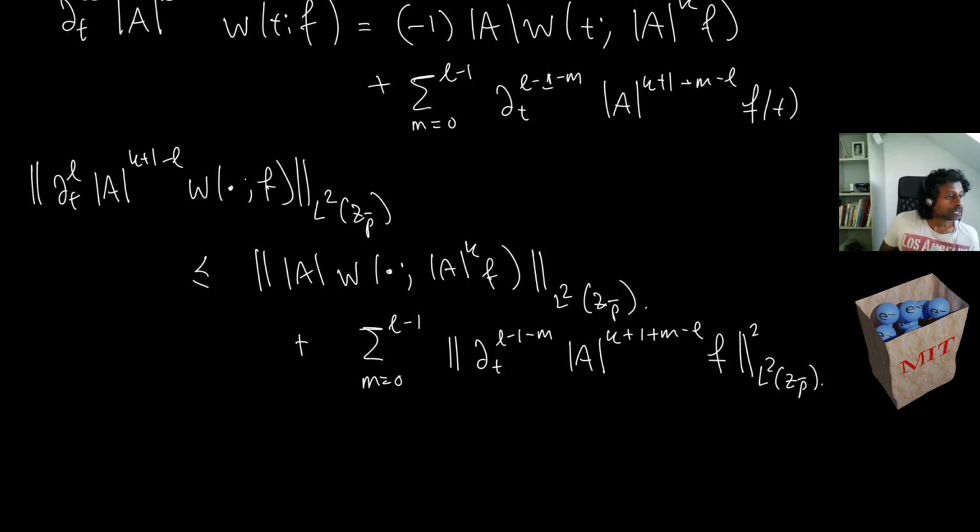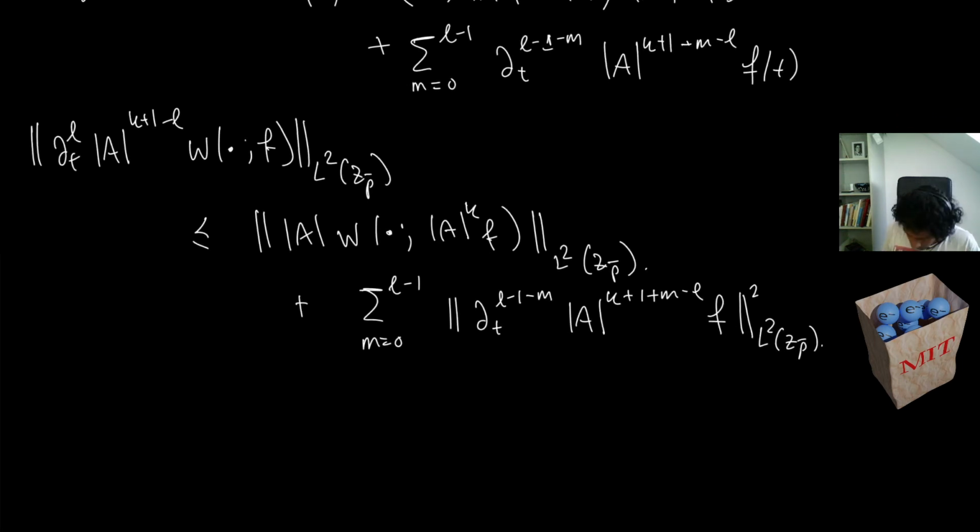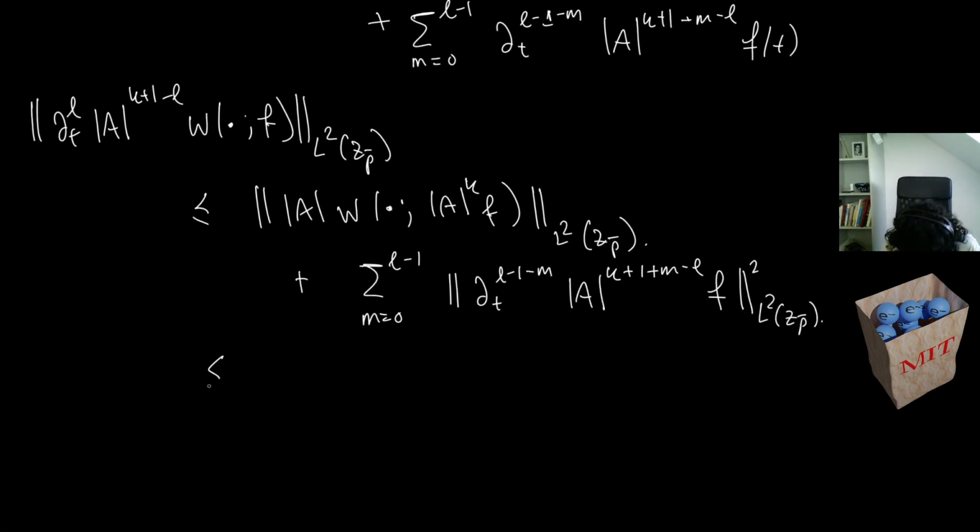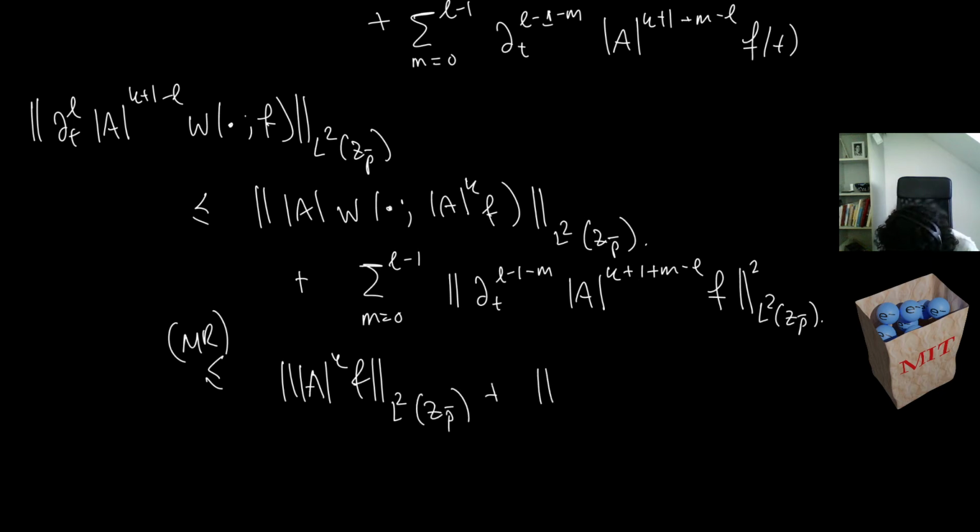Okay, so both of these now. The first term is again maximal regularity, and this tells us that we have modulus A to the k of f, L2 of Z rho bar, plus now this. So this is at most bounded by the HK norm, so we have the HK norm of Z, oops, there's a squared there that shouldn't be there.